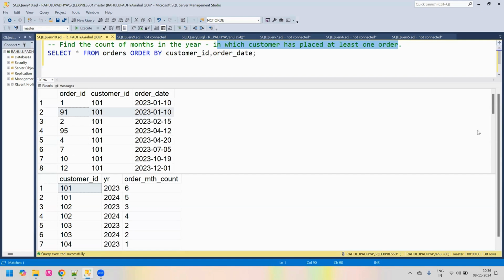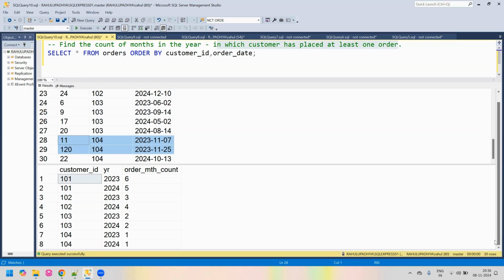Okay, let's take an example here. Let's take the example of customer ID 104. If we observe customer ID 104 in the year 2023, he has placed two orders, both in the month of November. So he has placed orders in only 1 month of this year, that is November for 2023.